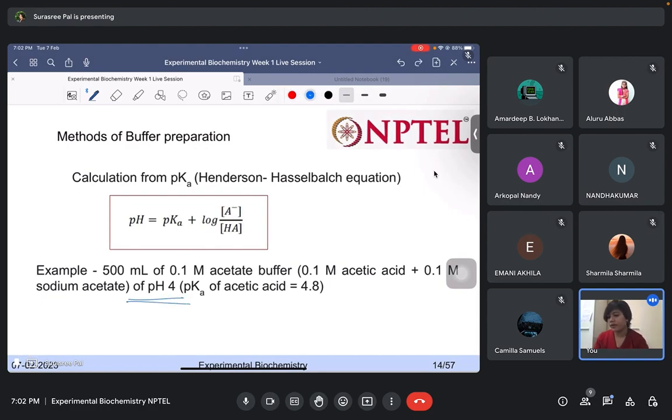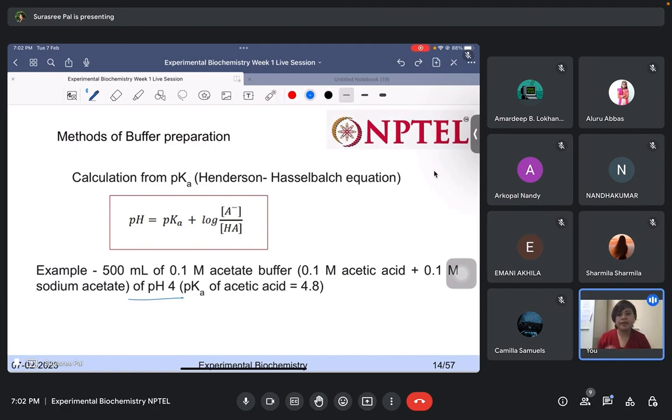So this is the final pH. We have the two components, 0.1 molar acetic acid and 0.1 molar sodium acetate, so their molar strength is same, right? And we also have to prepare the buffer, which is 0.1 molar. So the molar strength is the same for all the components.